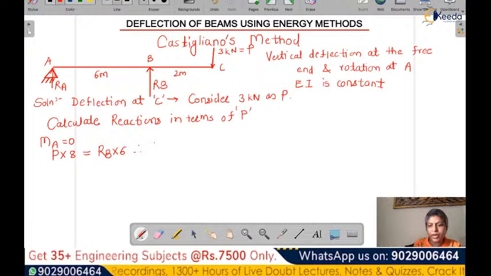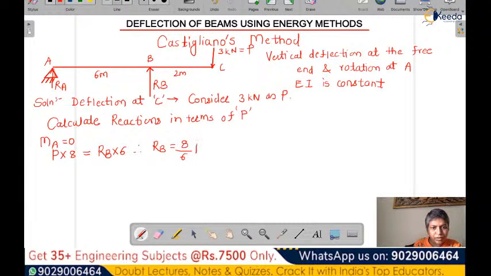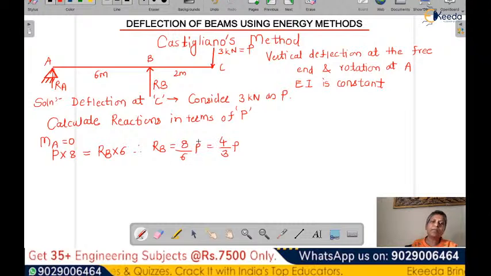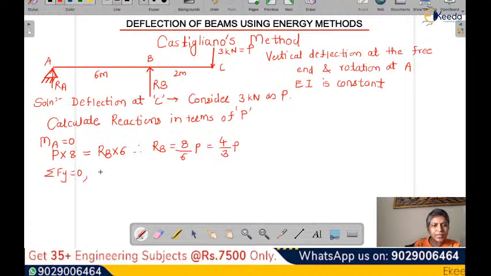With this we get the RB value as 8 by 6 of P, means 4 by 3 of P. Okay, so we got the RB answer. Now once you know the RB value, the summation of forces in our equilibrium equation says that RA plus RB is equal to P.